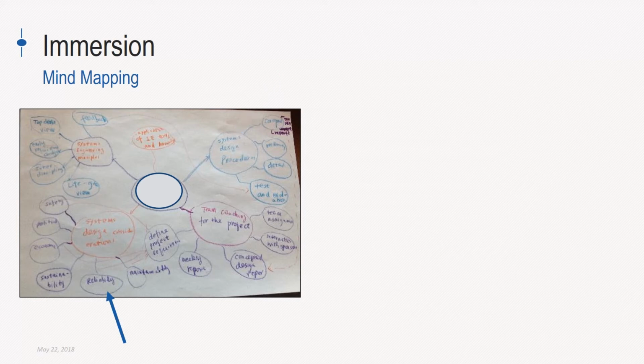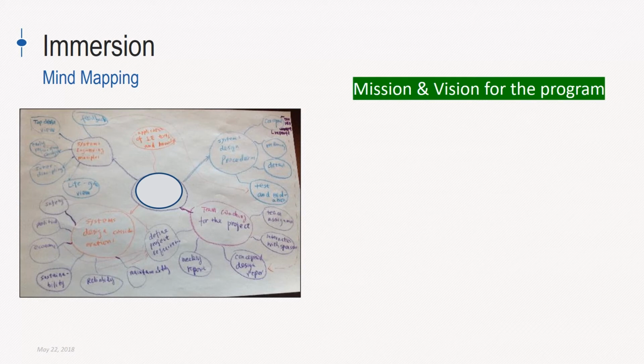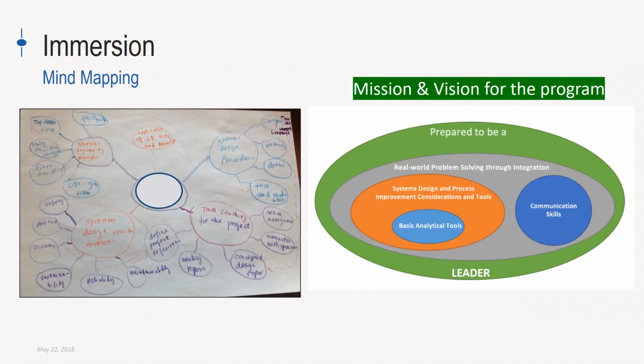So we kind of began with the end in mind. We ended up with a mission and vision for the program after aligning the coursework. And they developed their own digital mind map that would represent a student's experience throughout the program. So that's one type of qualitative data collection.